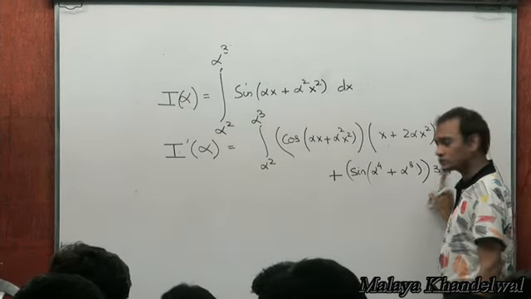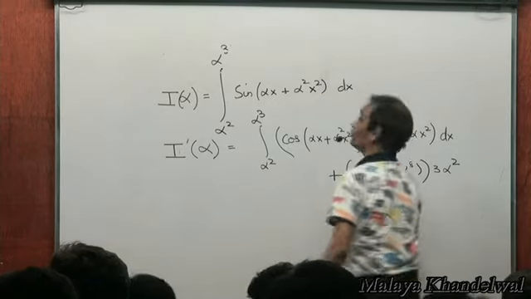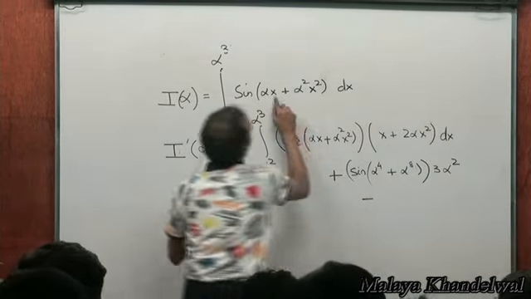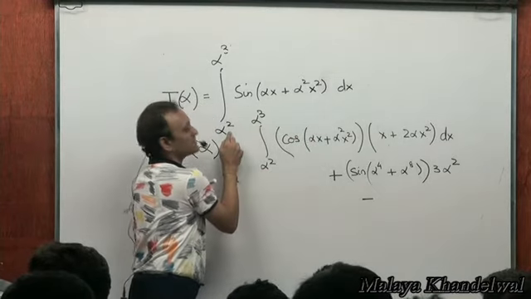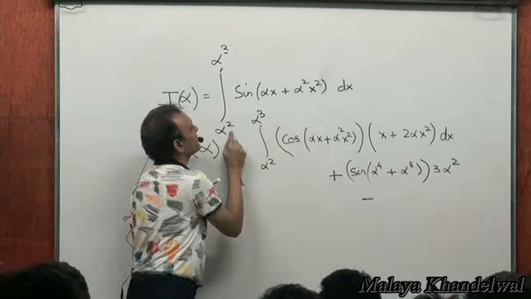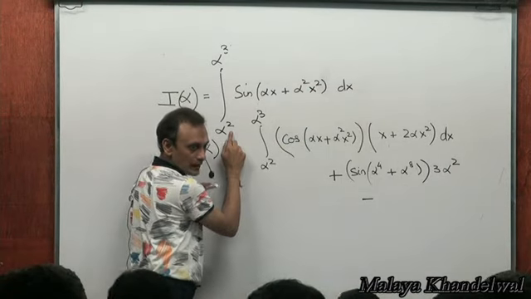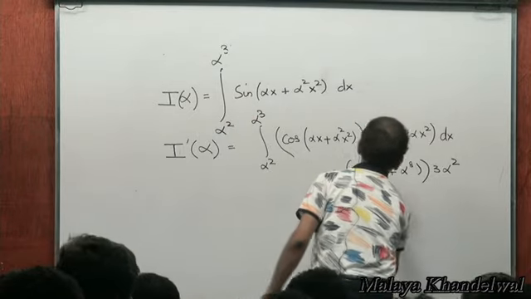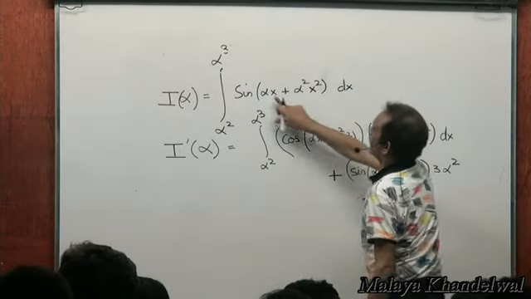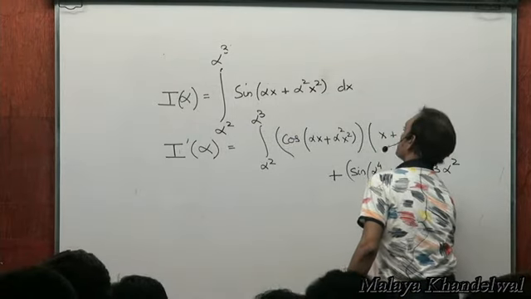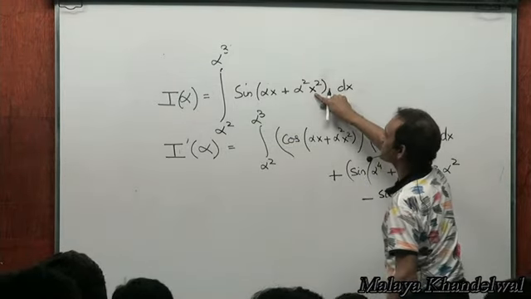Yes or no? In the third term, which will come with a minus sign, wherever x came, I will replace it with the lower limit. That means this x and this x will be replaced by alpha squared. Yes or no? Minus sign. This will become alpha cubed plus x is alpha squared.